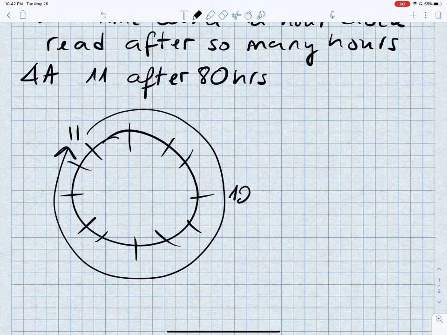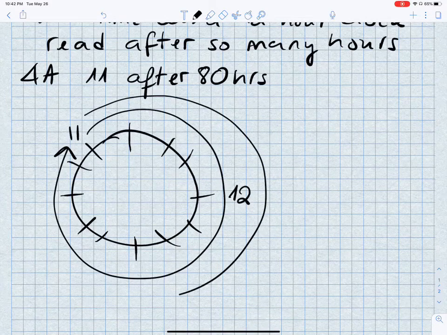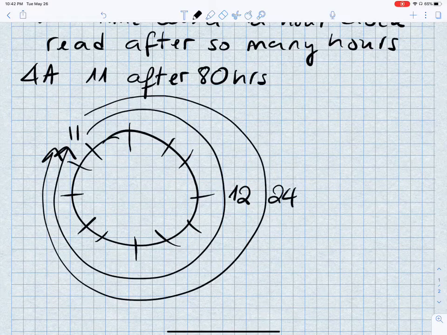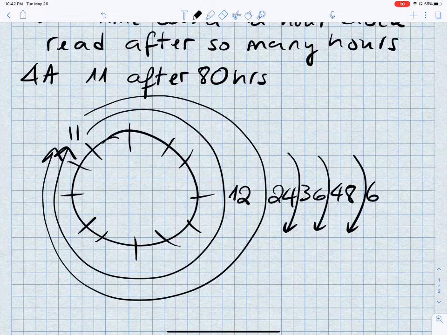Then you go again 12 hours, so after 24 hours, you end up again at 11. If you do this repeatedly, after 36 hours, 48 hours, 60 hours, 72 hours, almost 80 hours, you end up again at 11.